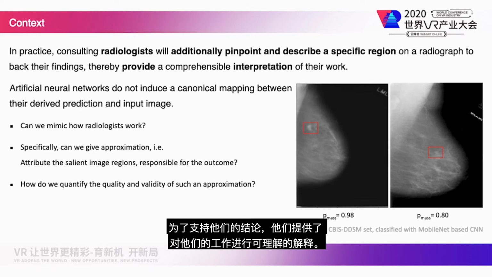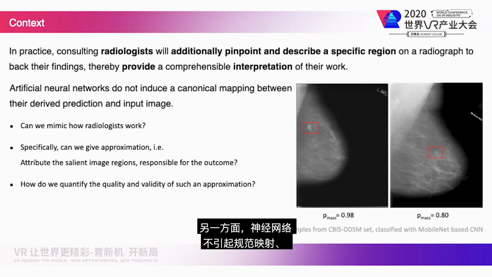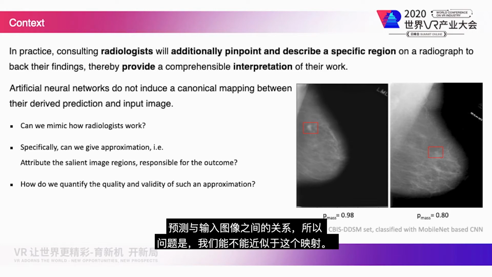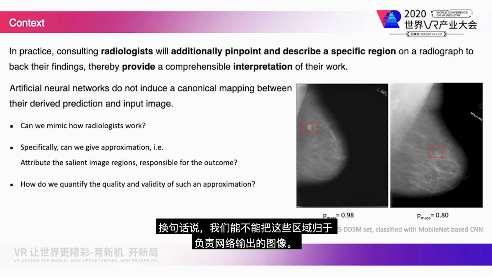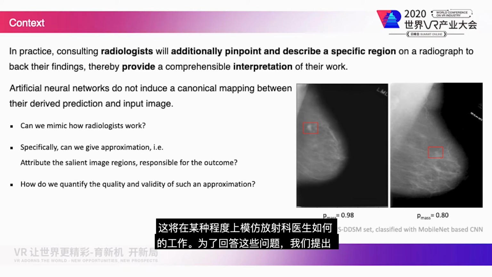Thereby, they provide a comprehensible interpretation of their work. Neural networks, on the other hand, do not induce a canonical mapping between the prediction and the input image. So the question is, can we approximate this mapping? Or in other words, can we attribute the regions in an image which are responsible for the network output? This would mimic, in a way, how radiologists work.